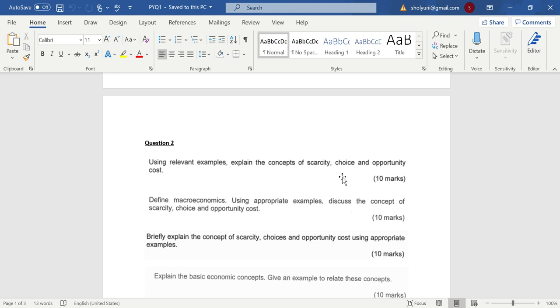Alright, and then in terms of opportunity cost, the one option yang you tak choose tu, itu akan jadi opportunity cost. Opportunity cost means the foregone cost, cost yang you terpaksa lepaskan if you choose one choice. For example, tadi kita choose to produce house for the homeless, so the foregone cost, the opportunity cost is the shopping mall.